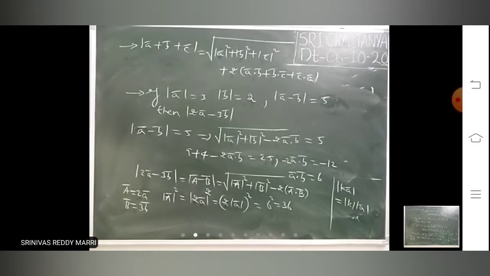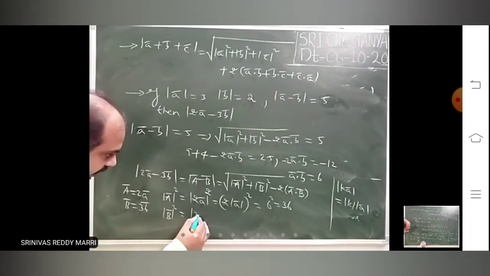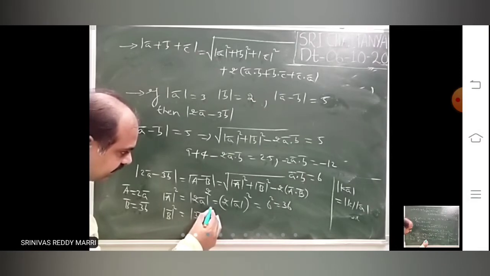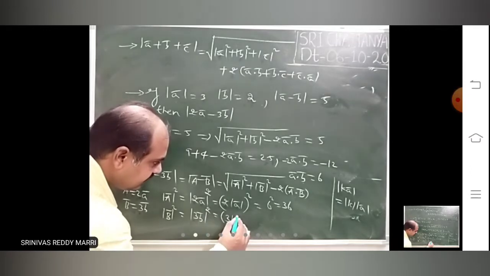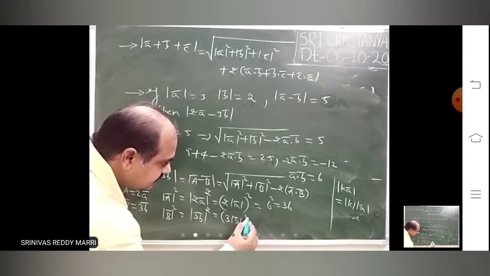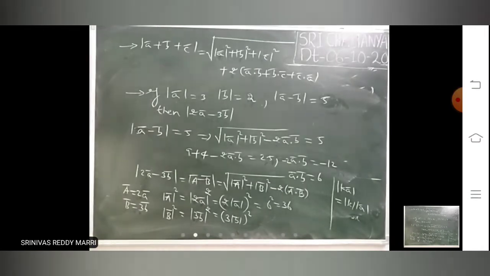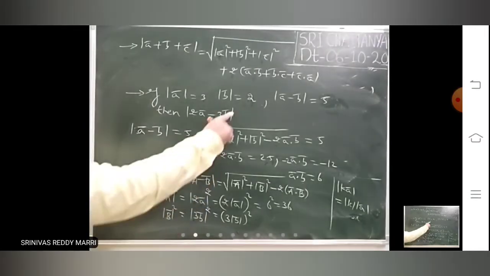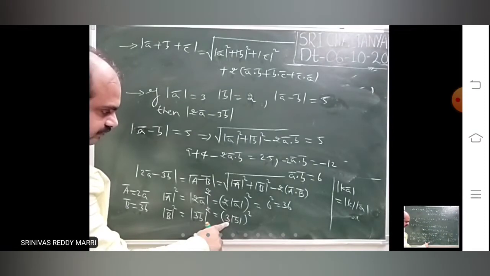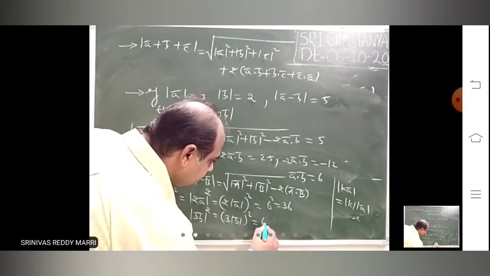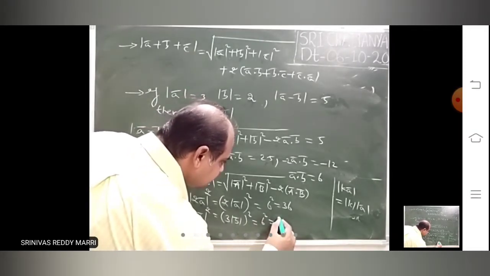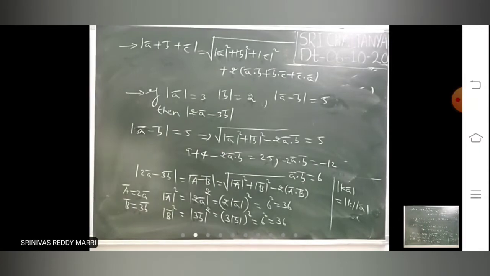Now modulus 3B bar square: 3 into modulus B bar, that means modulus B bar is 2. So 3 into 2, 6 square, that means 36.